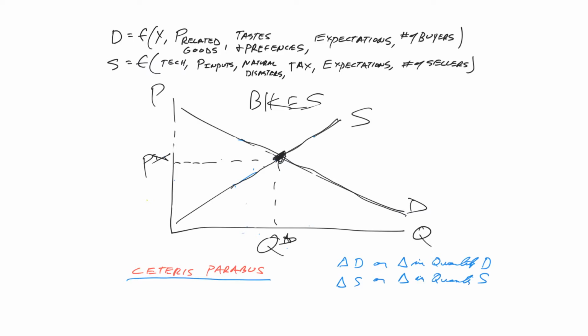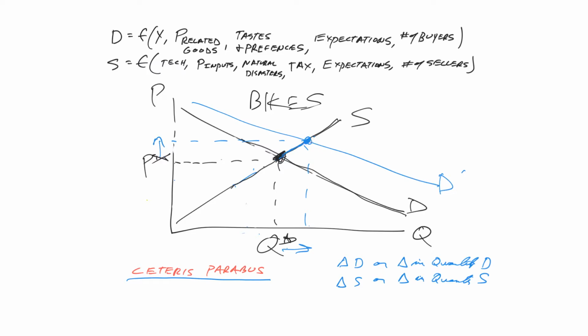So, that is going to shift the demand out to the right. An increase in demand. We've got a new equilibrium price right there. Equilibrium price has increased. Equilibrium quantity has increased. And you see here that there is a movement along the supply curve.